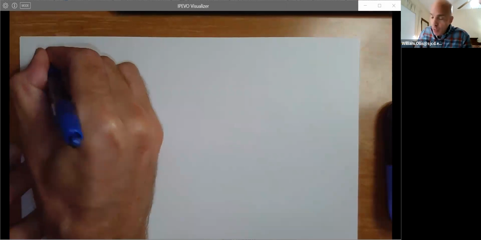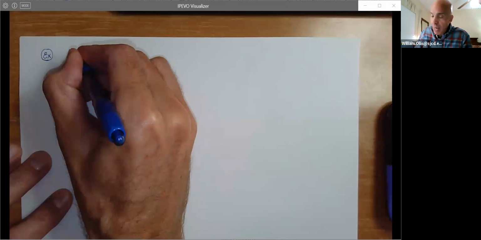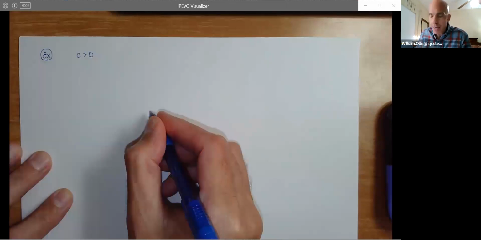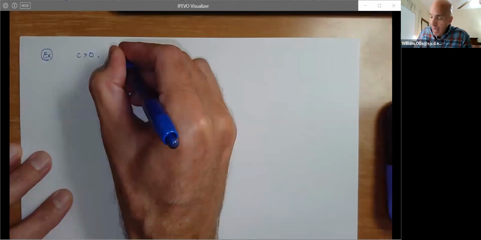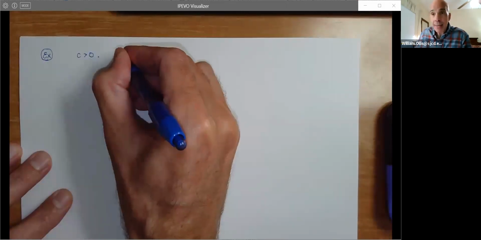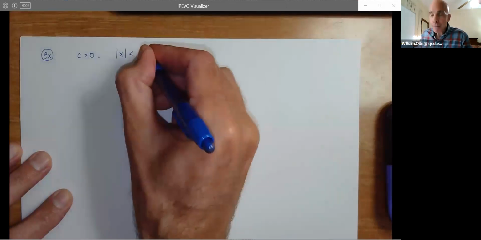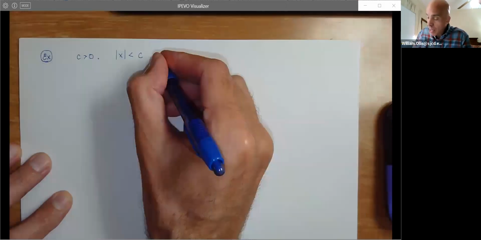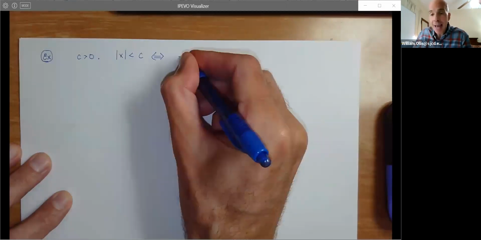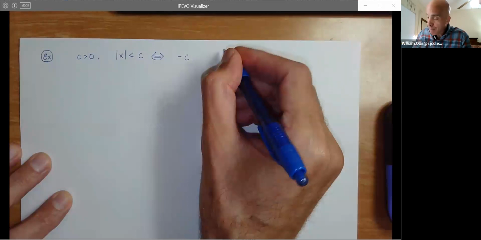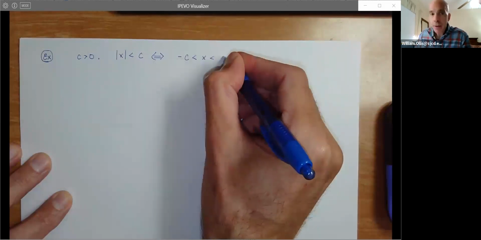we had the theorem about the conjunction. That is, we had C was positive, we had the conjunction and the disjunction. So if we had the absolute value of X is less than C, what did that mean? Well, that meant that we got a compound inequality, that X is between the additive inverse of C and C. Okay?